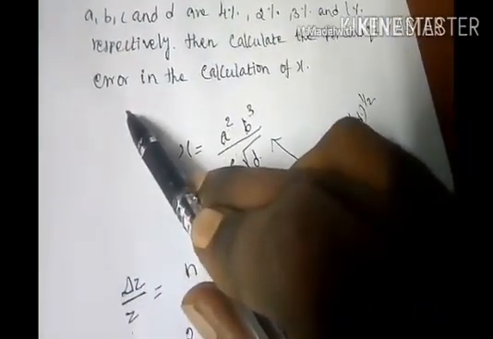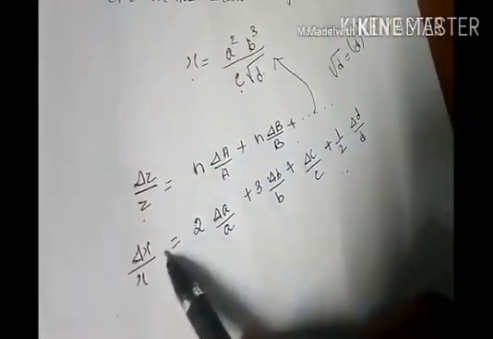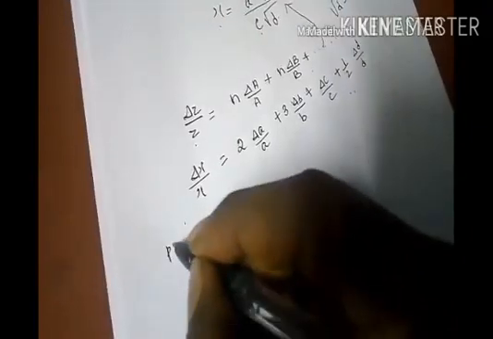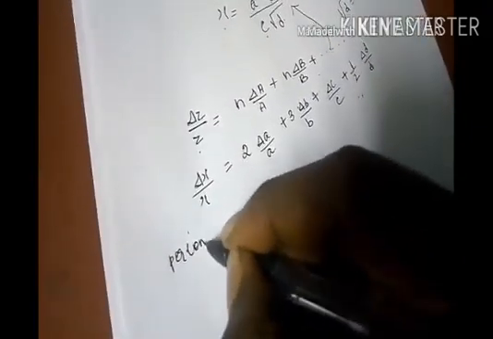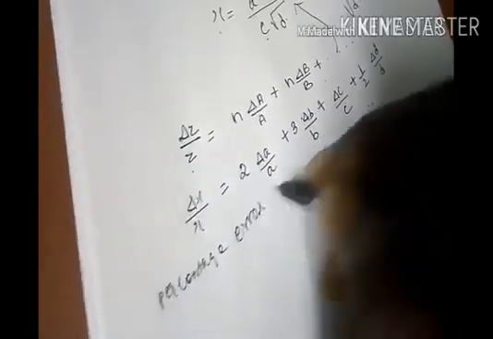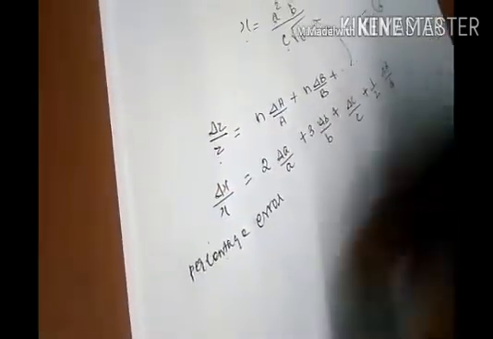Percentage means we will multiply by 100 in each quantity on both sides. So the percentage error: we have to multiply 100 on both sides.